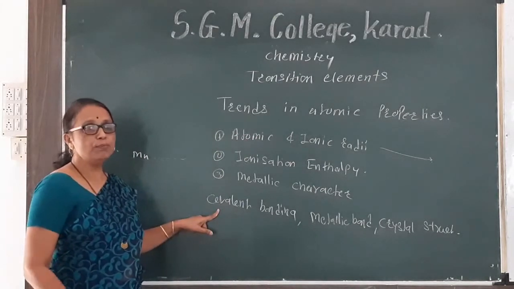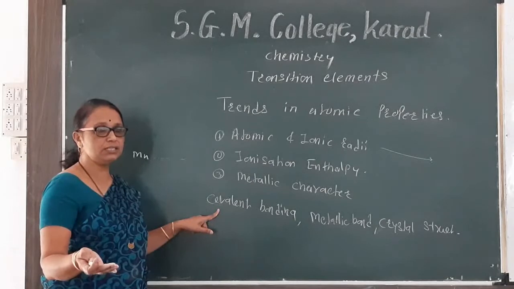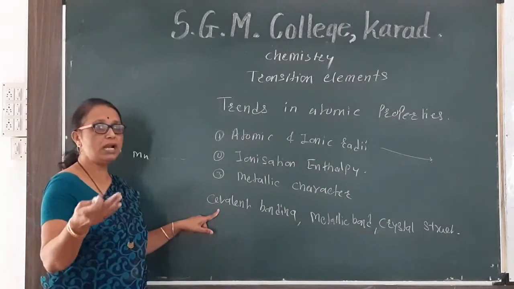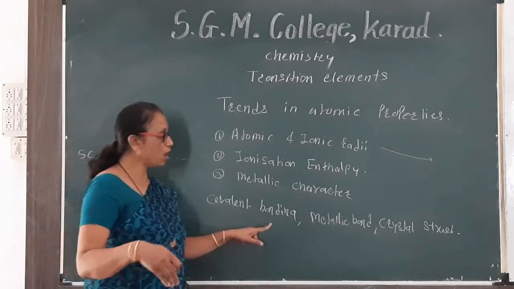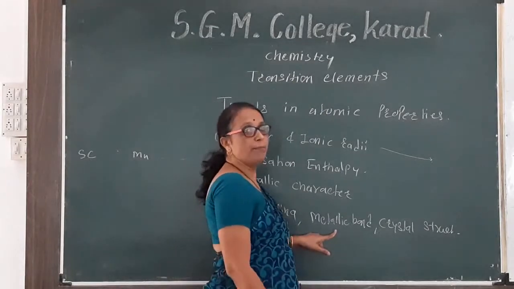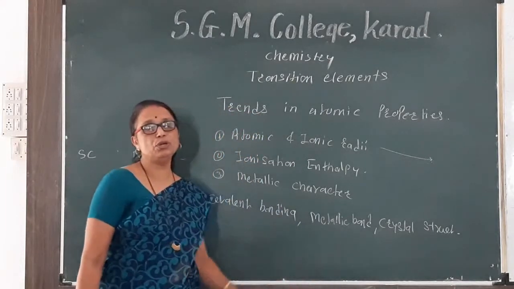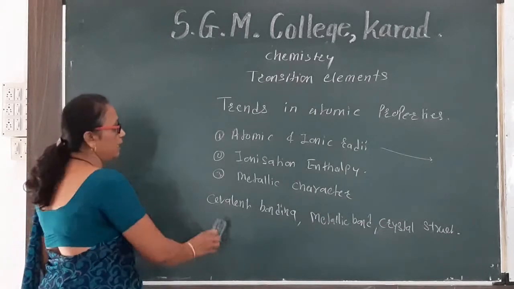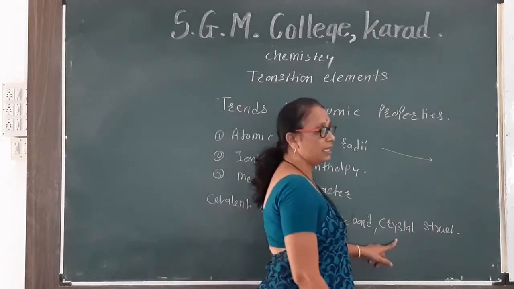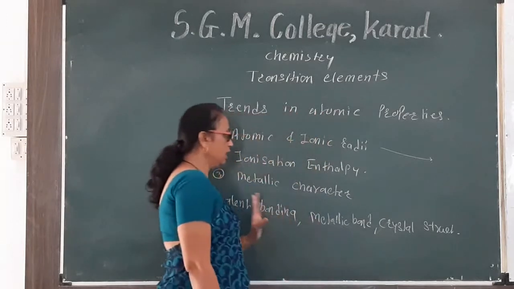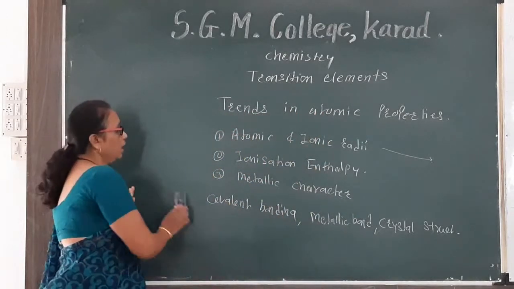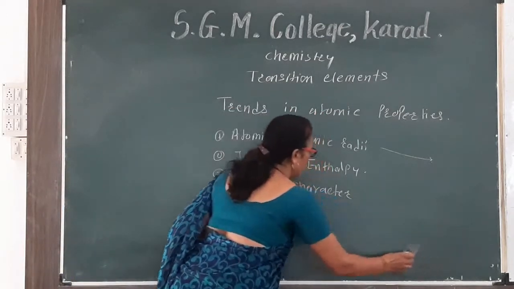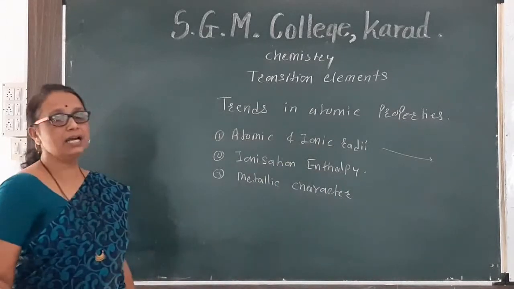As the number of unpaired electrons increases, the number of covalent bonds increases, and the metallic bond is stronger also. Metallic bonding is due to the vacant d orbitals as well as the number of unpaired electrons, and they have crystal structures. Thus, all the transition elements show metallic character.